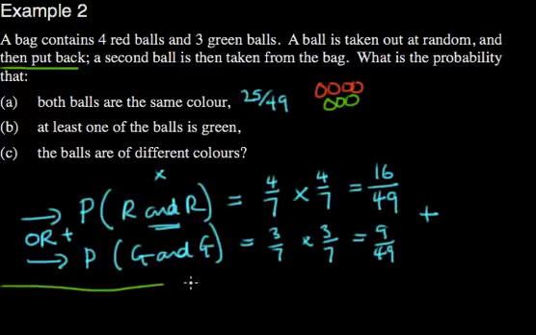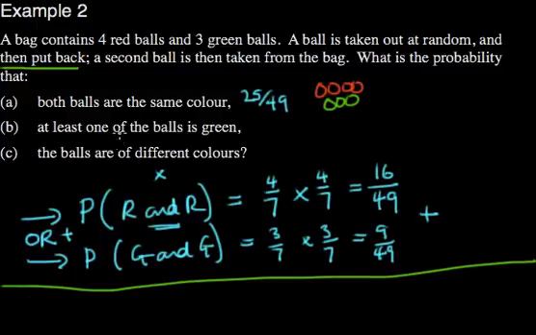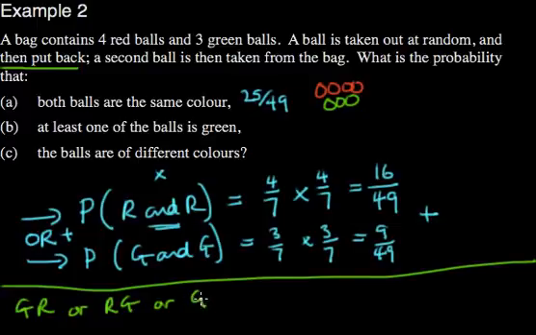I'll say at least one of them is green will be a green and a red, or a red and a green, or a green and a green. And there are 3 different possibilities I could choose. But here's the sneaky trick. There are only 4 possibilities. The other one, which I haven't listed, is red and red.